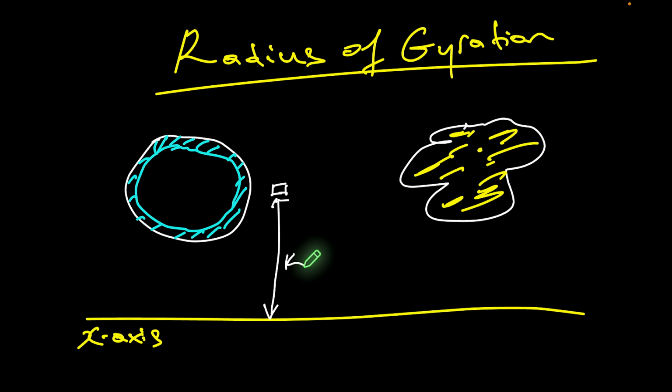And the same thing for this other complicated shape over here. That distance k is called the radius of gyration. So the idea is if all the mass or area were concentrated at that fixed distance k, it should have the same moment of inertia as the real shape.